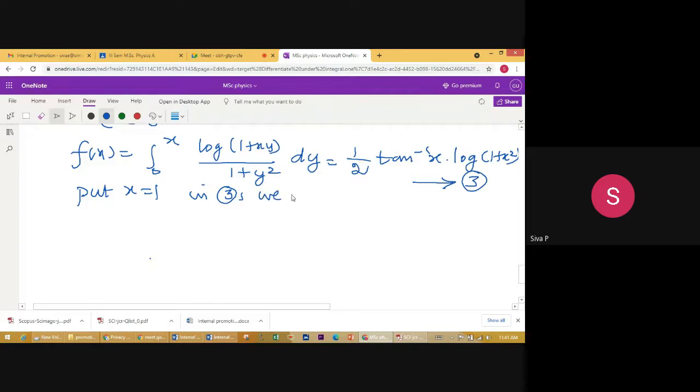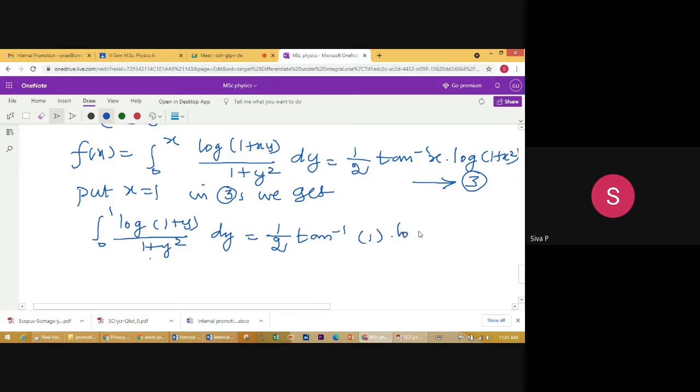In 3, we get integral over 0 to 1 of log 1 plus y divided by 1 plus y square dy, equal to 1 by 2 tan inverse of 1 log 2. So that is equal to 5 by 8 log 2.